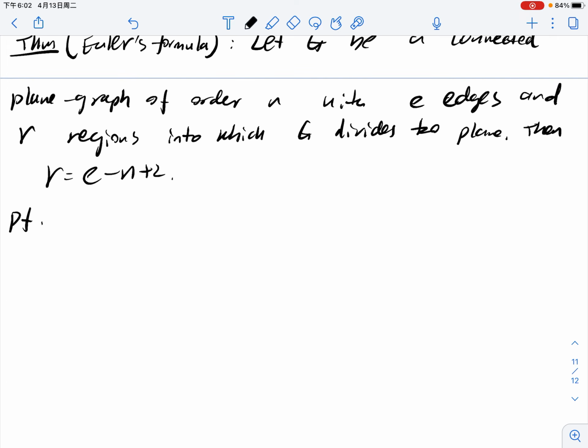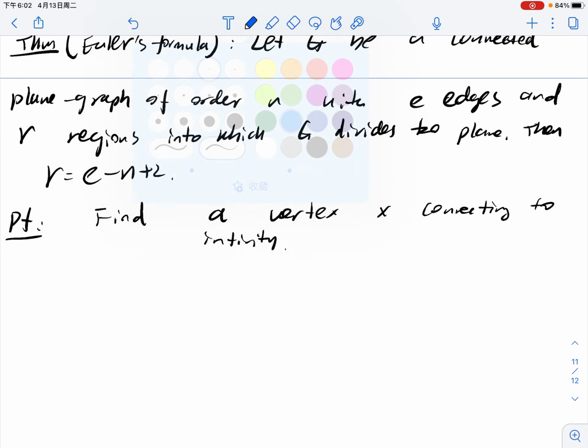There are many proofs, so here I give one of the proofs very concisely. So find a vertex X connecting to infinity. And for example here, X, and you have a lot of edges.